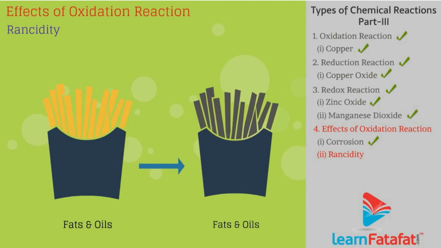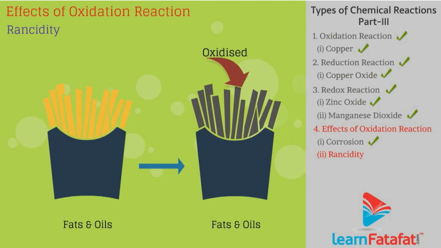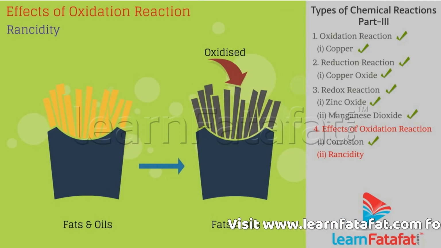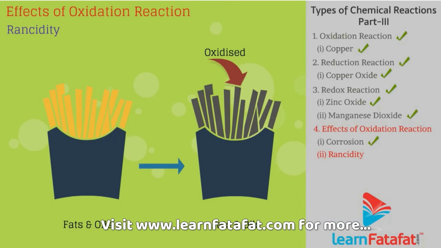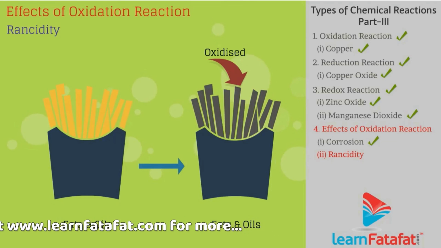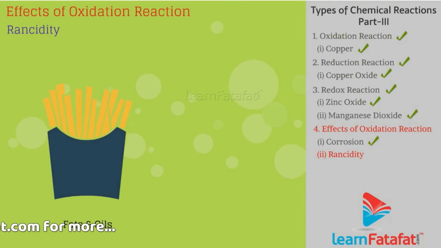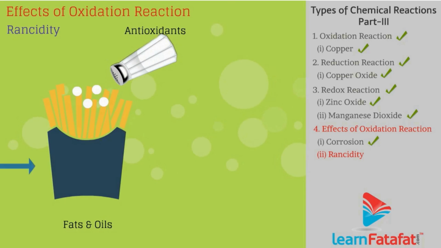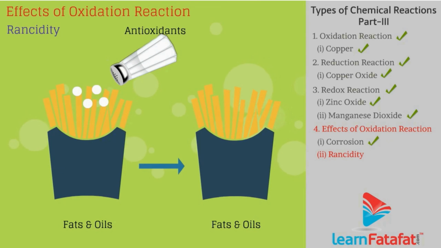When fats and oils are oxidized, they become rancid and their smell and taste change. The process is known as rancidity. Antioxidants are added to foods containing fats and oil to prevent oxidation.